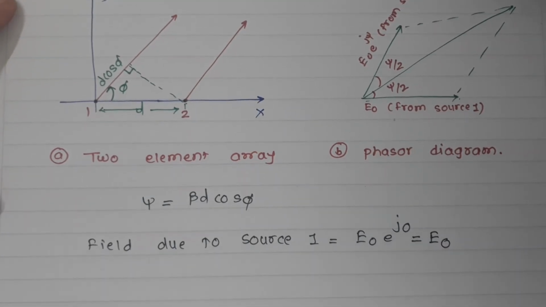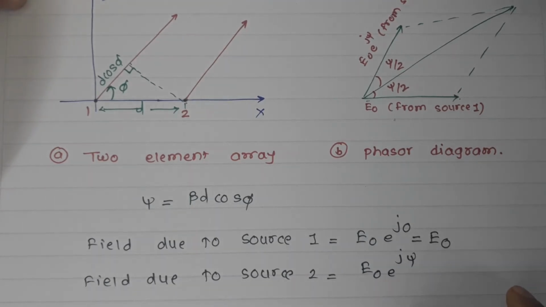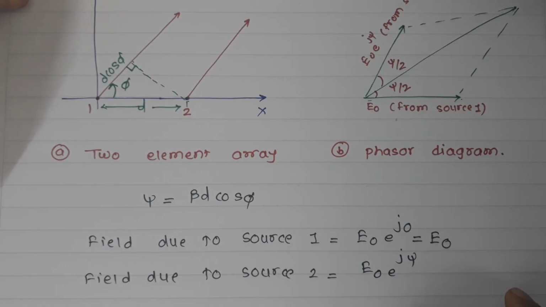Now field 2 is leading field 1 by an angle psi. So the field due to source 2 will be E0 e raised to j psi. Now the total electric field is nothing but the addition of these two fields.